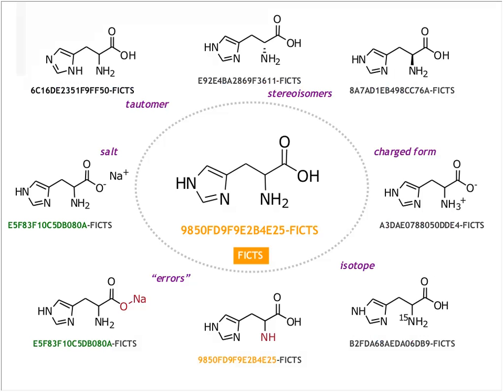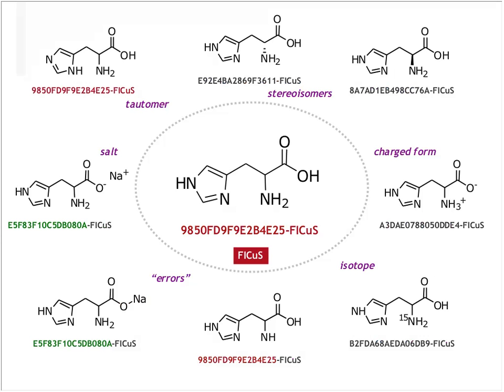Though this structure has an error, these two have the same identifier because the normalization corrects the valency. Similarly, this also corrects the error in the structure, that's why these two structures have the same identifier. Because, as we know, this one is not sensitive to tautomers, these two structures have the same identifiers.